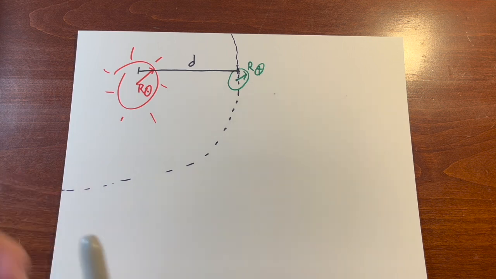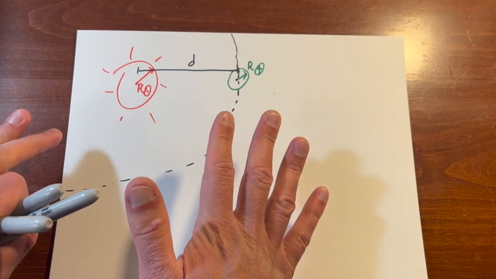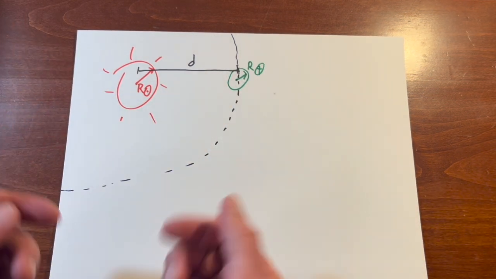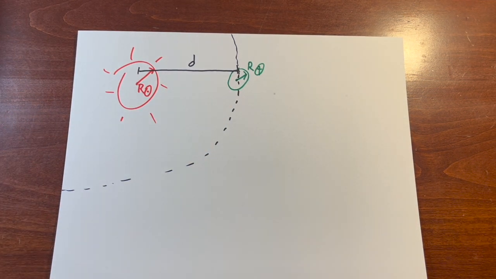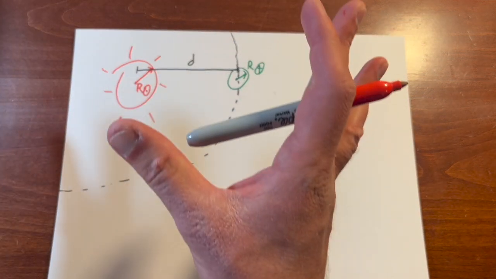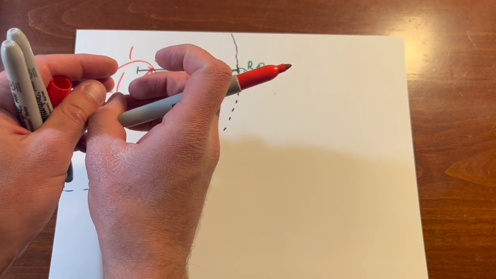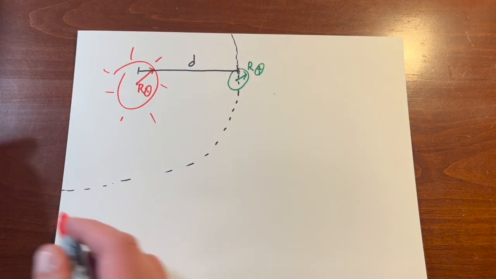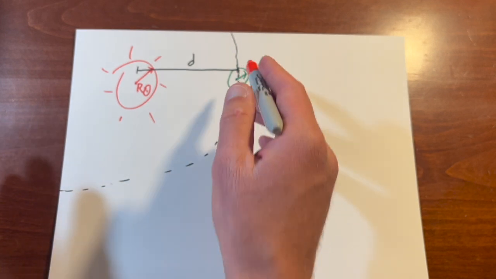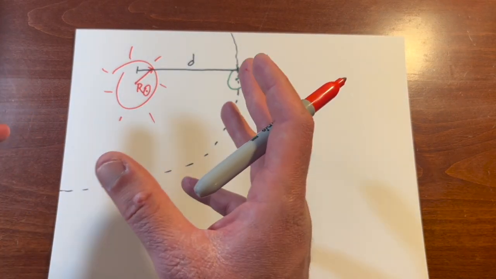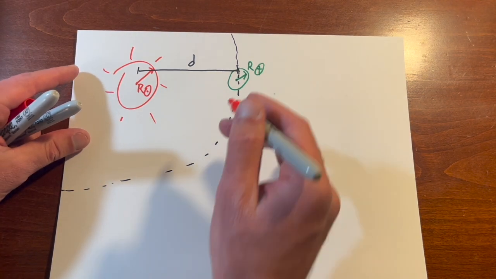All right. So this is a two-dimensional view. But of course, the sun is radiating in a three-dimensional sphere. So if we wanted to look at how the radiation is distributed across a sphere with a radius at the distance of Earth's orbit.